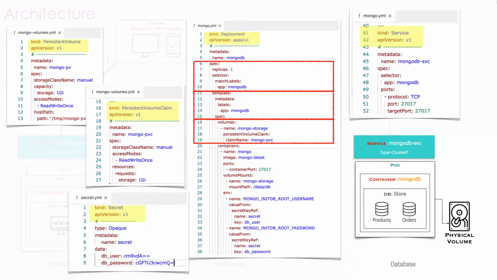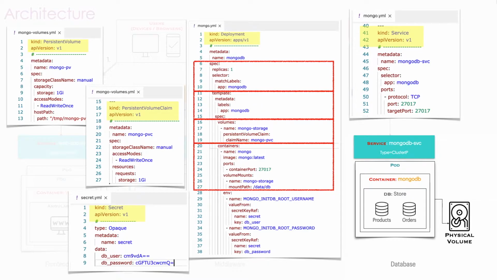But in addition, it also tells you where the storage is coming from in terms of the physical storage, and in our case that is specified as /tmp/mongopv. So if you tie back this chain once again, the persistent volume is created as a separate object, which is then referenced inside the persistent volume claim, and this claim is specified inside the pod template.